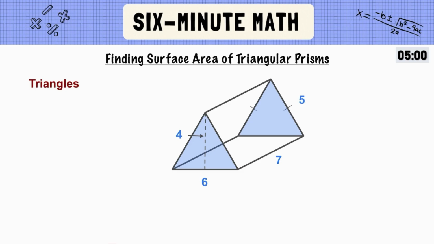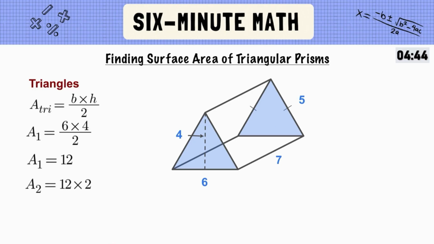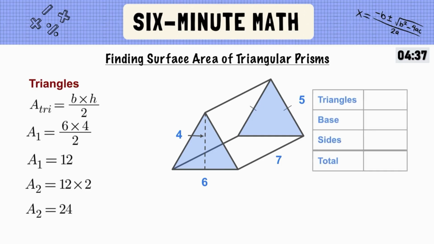To find the triangles, we're going to do base times height divided by 2. That would be 6 times 4, so the area of one triangle is 12. There are 2 triangles in this triangular prism, so we're going to multiply that by 2. So the area of my triangles is 24.